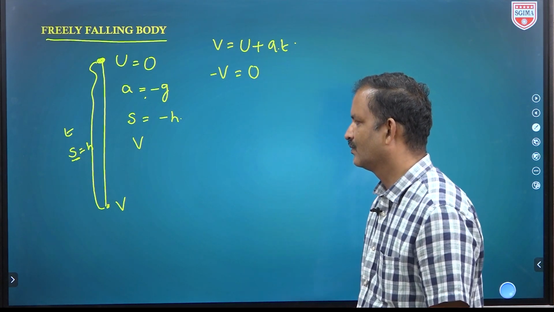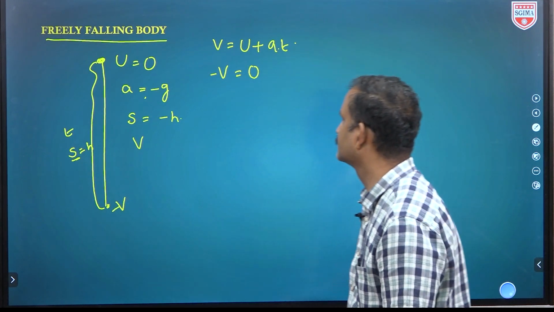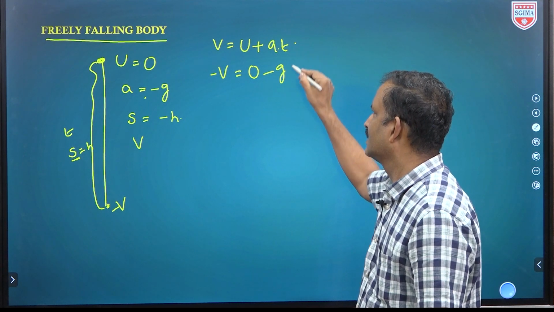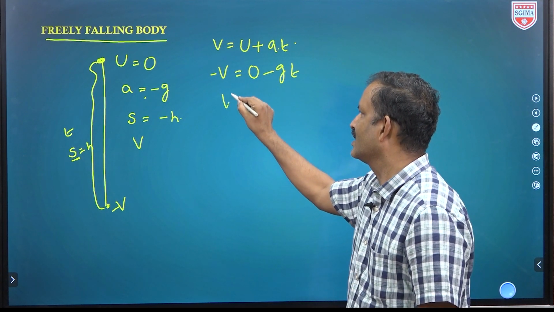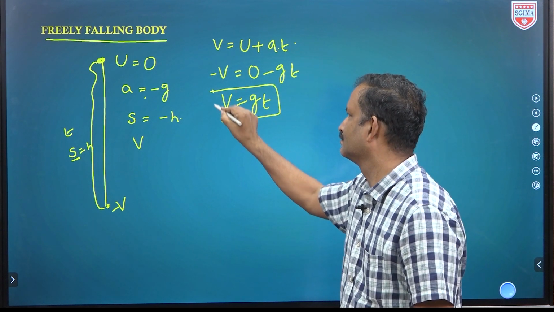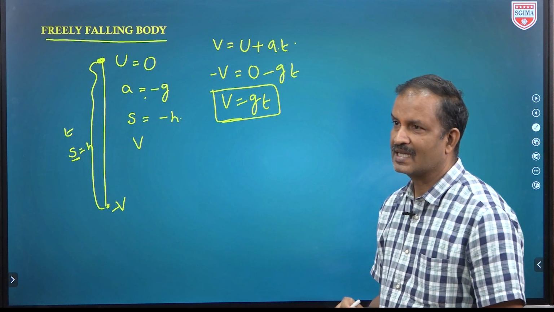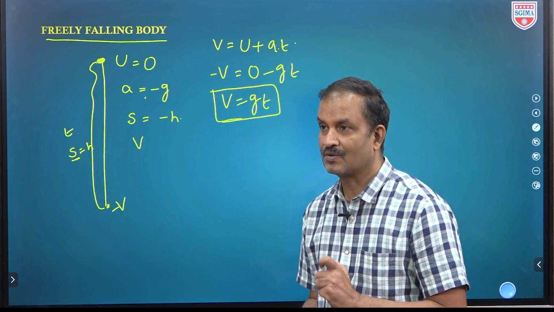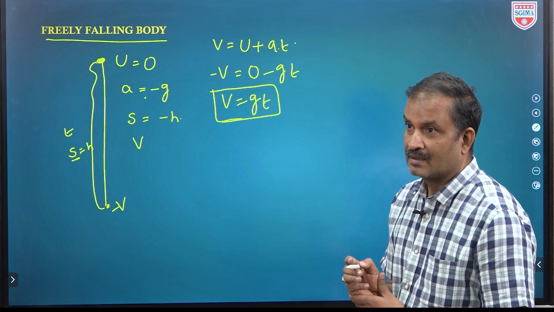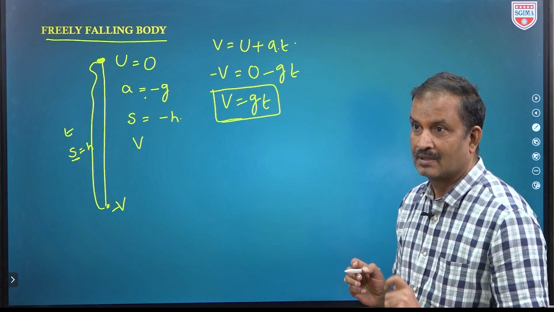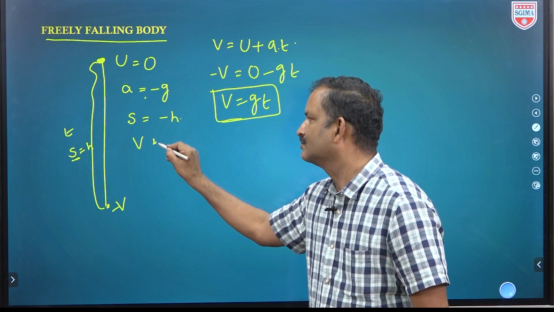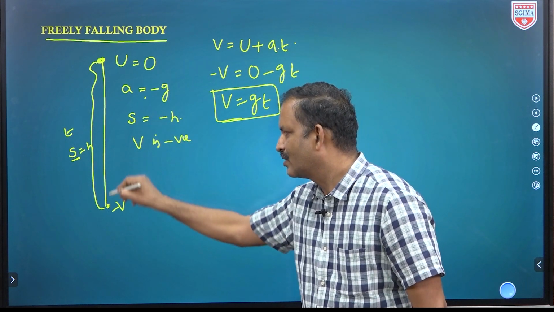U is 0, a is minus g, t is time. So you are getting v is equal to gt. I am following the sign convention to avoid the confusion you get when a body is projected from the top of the tower. Why is v negative? It is going in the downward direction.